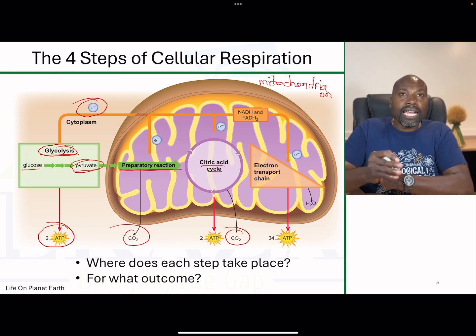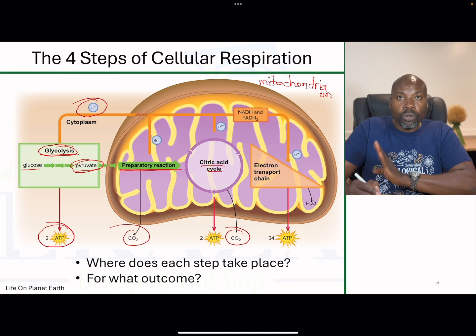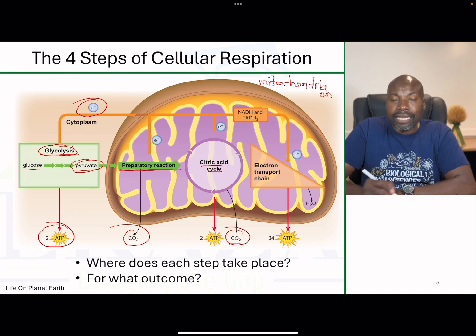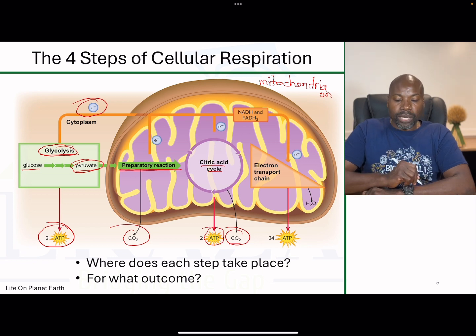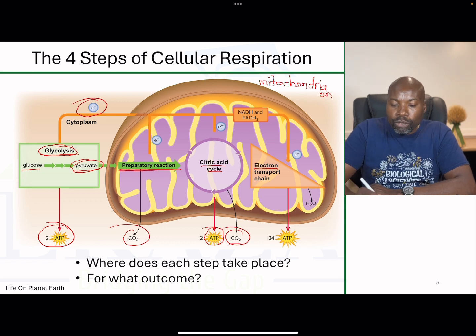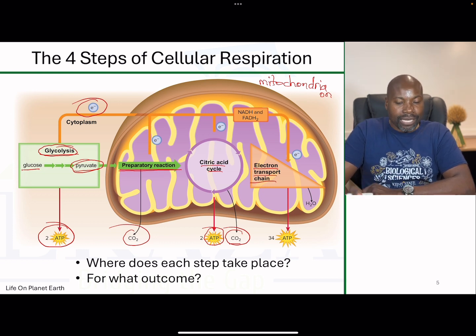Now, let's go back to the citric acid cycle. In the citric acid cycle, which is step 3, you not only have carbon dioxide that is released, but you also have production of ATP here. Finally, but not least, you have the electron transport chain that happens last.